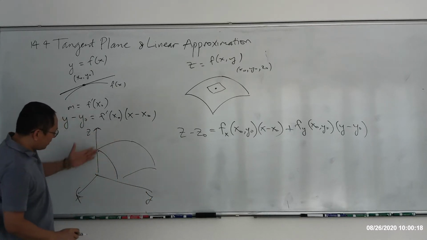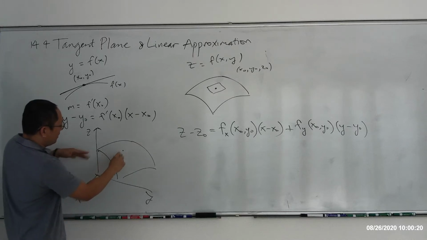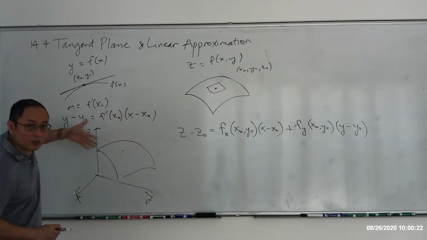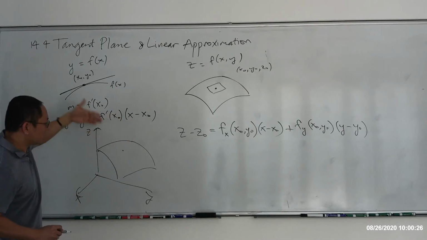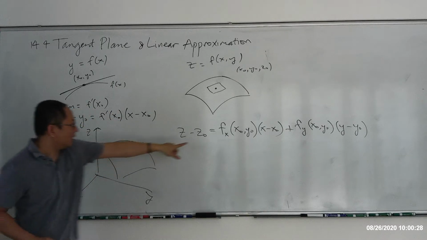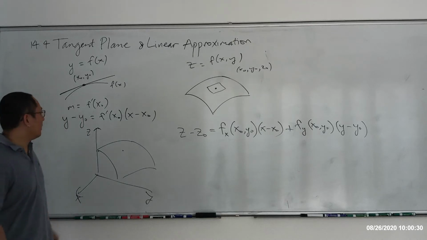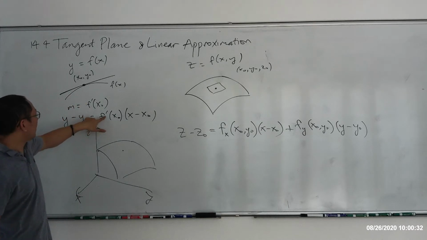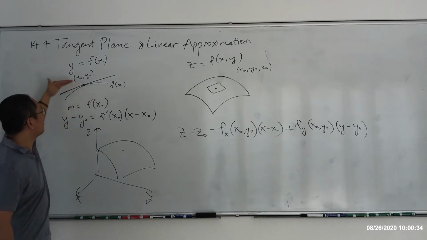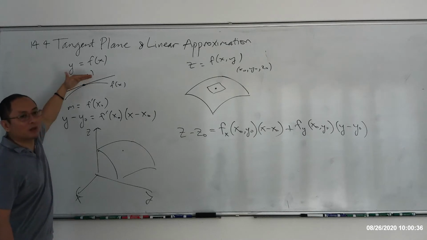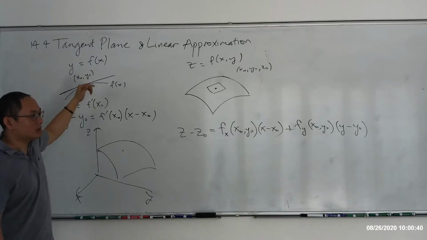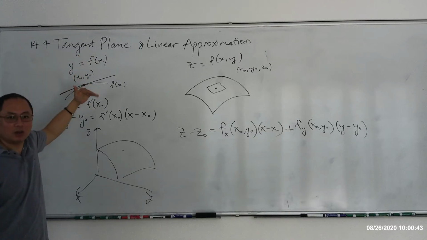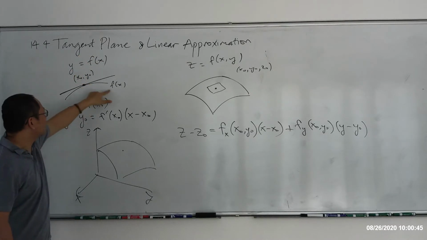With respect to the x direction, you have a point, and if you go along the x direction on the surface, you can calculate the rate of change of the z value. This is f sub x, just like f prime in the single variable case, where the slope is the rate of change, y2 minus y1 over x2 minus x1, rise over run, the rate of change in the output based on x.